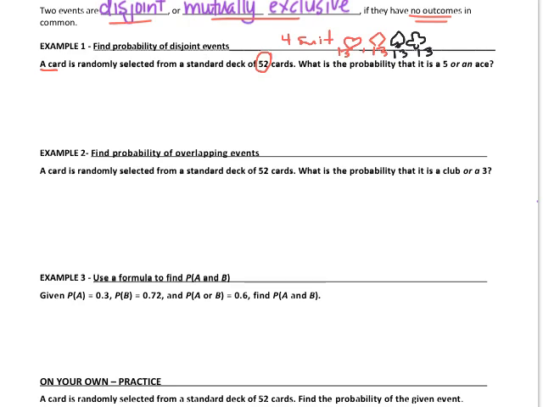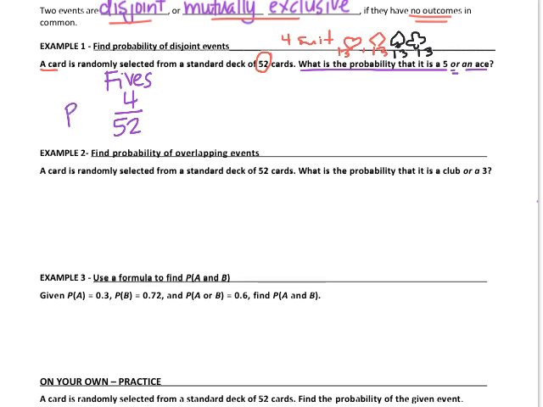So now the question is, what is the probability that the card that you pull out is a 5 or an ace? So how many 5s are there in a deck of 52 cards? You have a chance of pulling out a 5 4 out of 52 times, because there are a total of 52 cards and there are 4 5s in the entire deck.